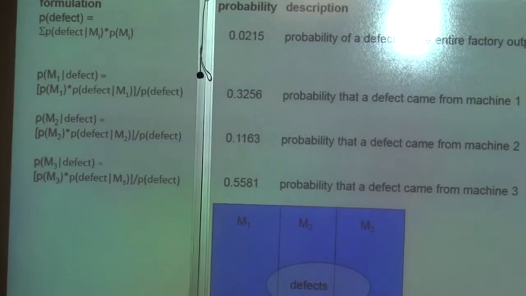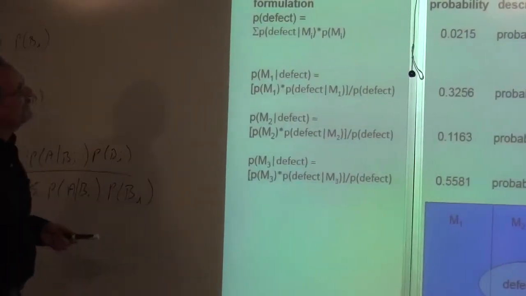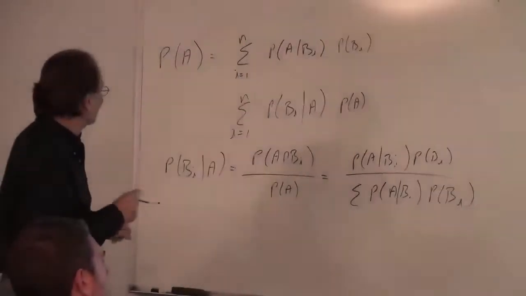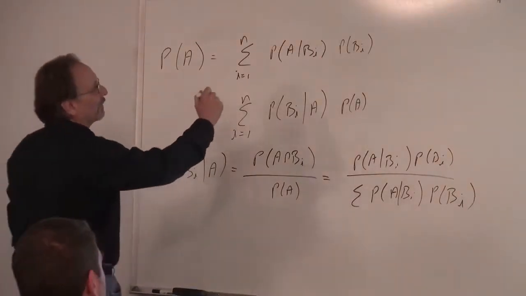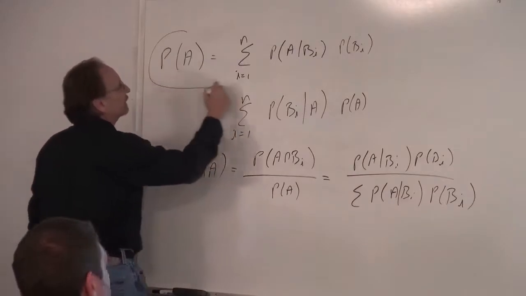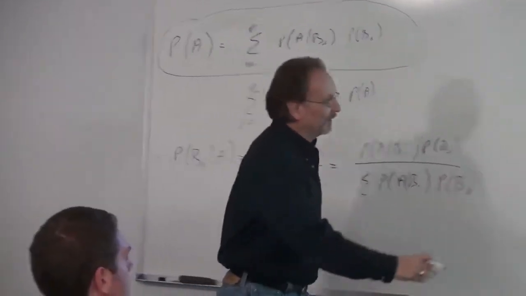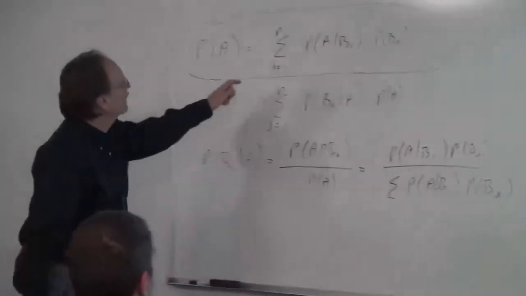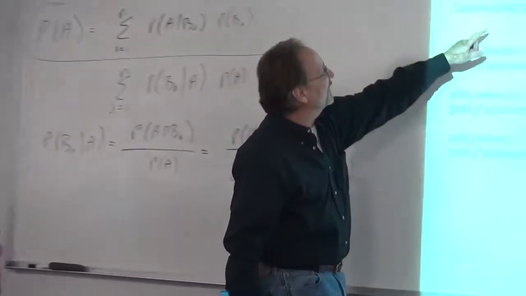So if I take the sum of each one of those, you can get the overall defect rate, which is essentially coming from this result right here. Because A is defects, that's our subset right here, and the probability of each one of the sections is the same as our probability of the machine.